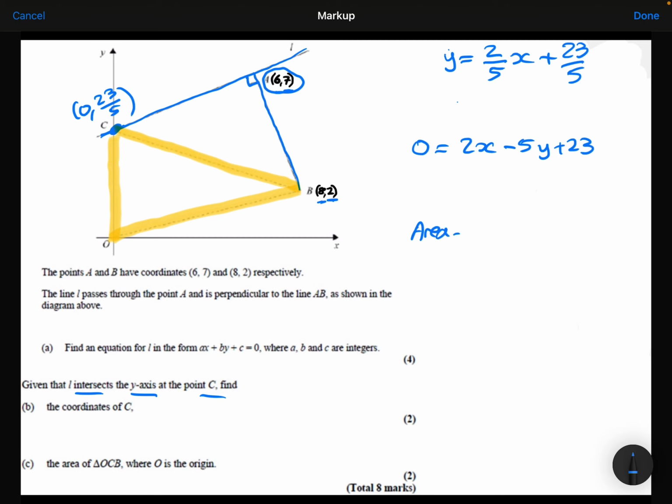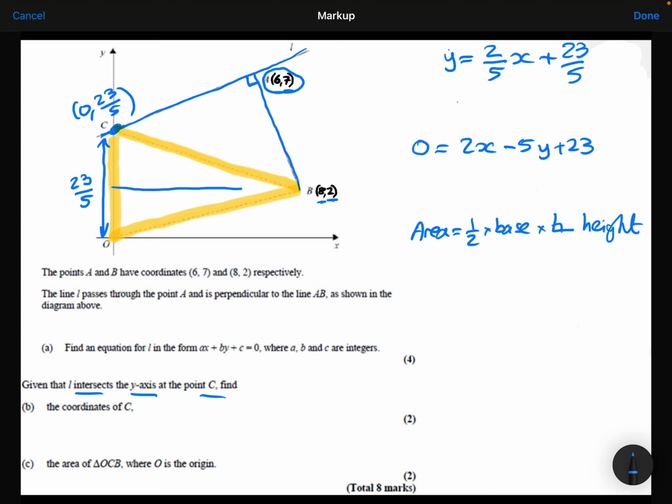Remember that the easiest way of working out the area of a triangle is to do half times the base times the perpendicular height. In this case here, the base is going to be the length OC, which we've already worked out as being 23 over 5. That's just going to be the y coordinate of point C.